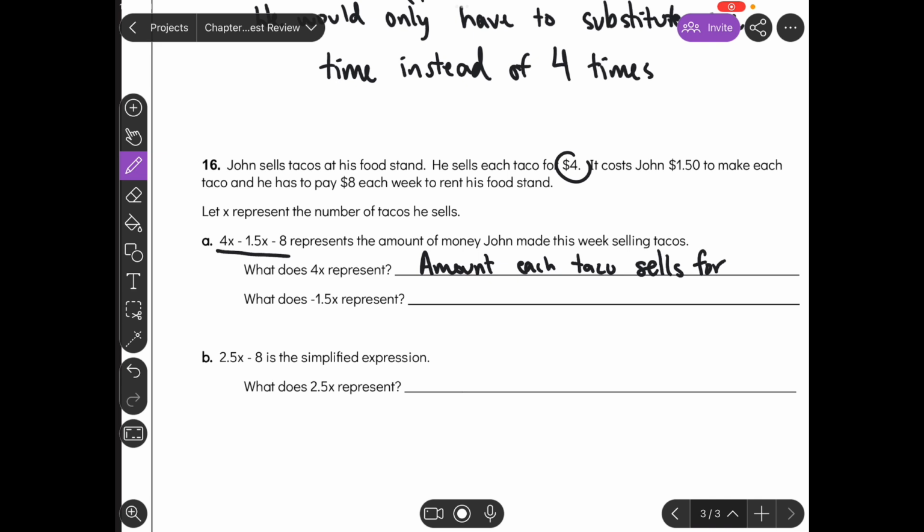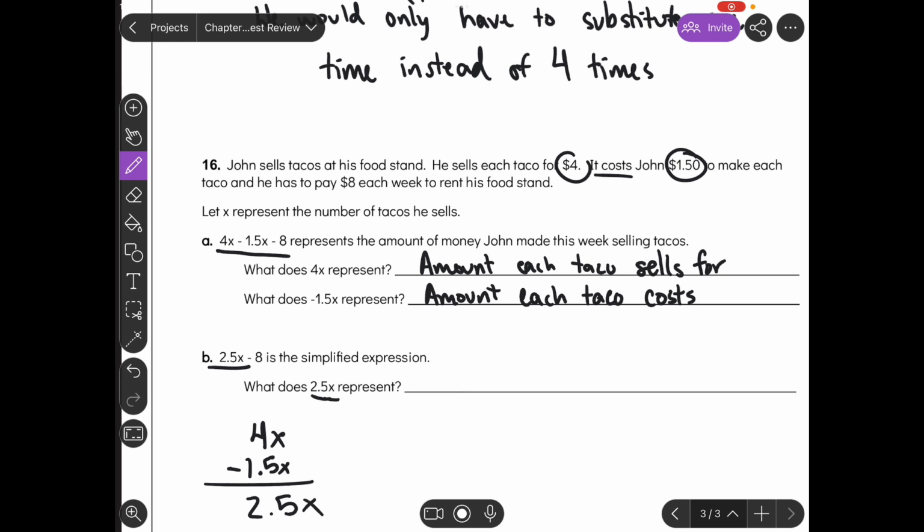Okay, what does negative 1.5 represent? Well, that's going to be John's cost to make each of these. It's going to be the amount each taco costs. Right, taking away from ultimately right here, this 2.5x, we get that by taking $4 minus $1.5, right?